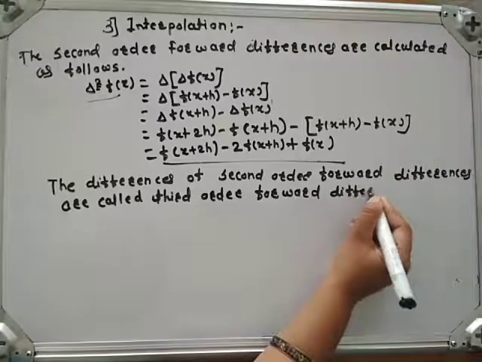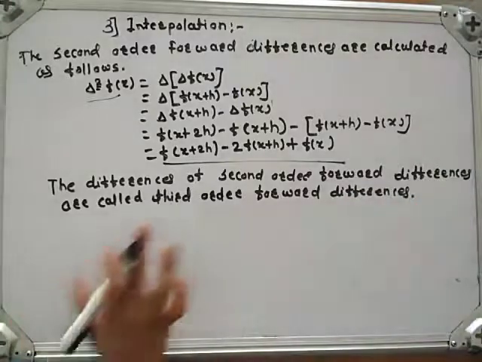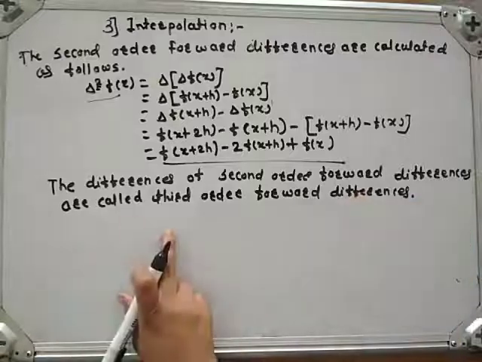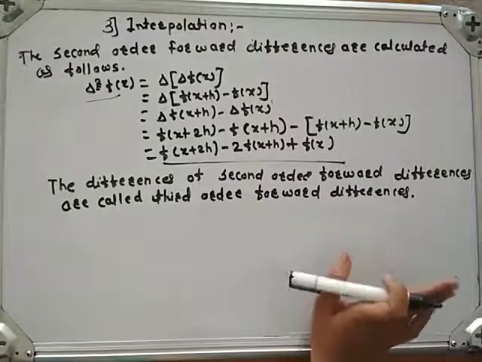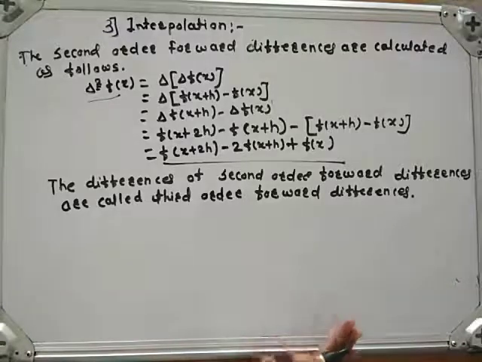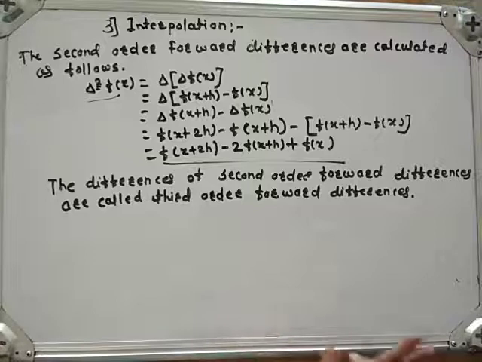The difference of second order forward differences are called third order forward differences. And what are second order forward differences? They are the differences of first order forward differences.